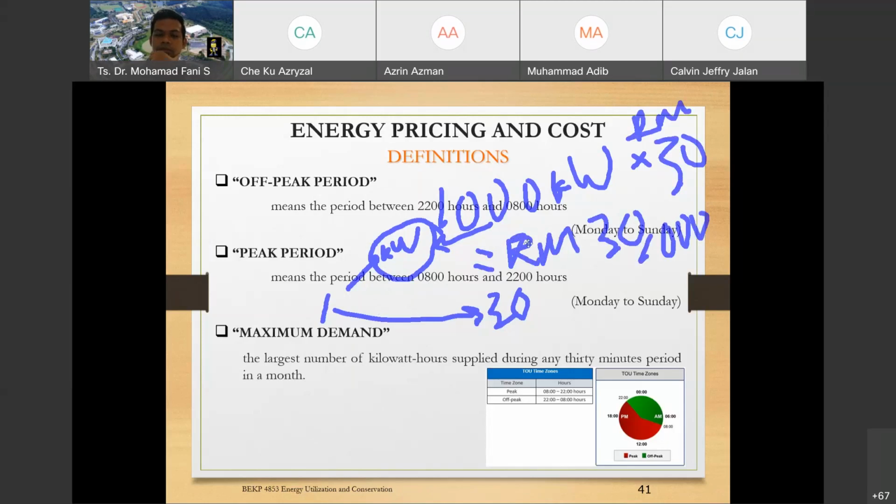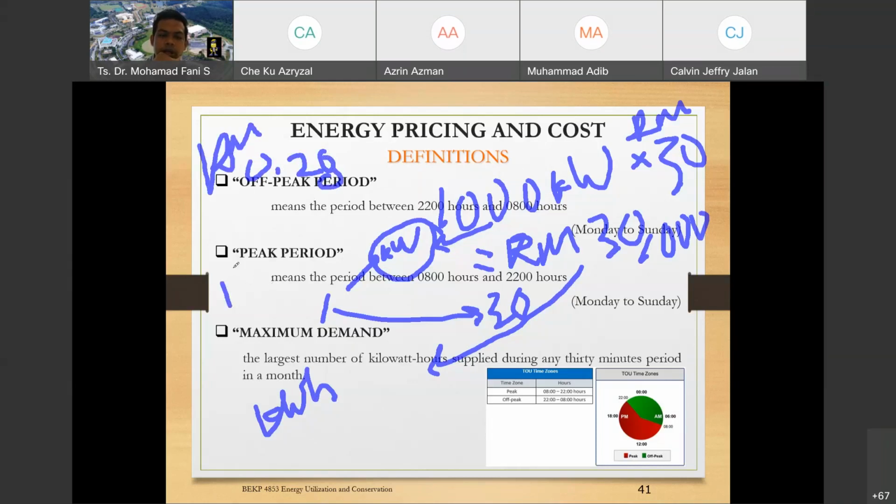Okay, so maximum demand charge was 30K plus the kilowatt hour. For example, off-peak period, TMB offer about RM 0.2 and peak RM 0.36.